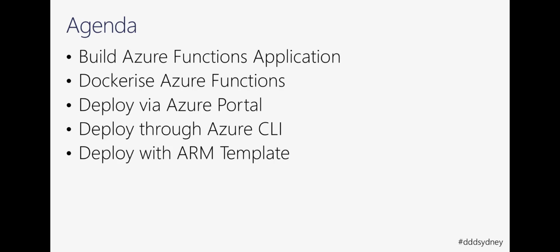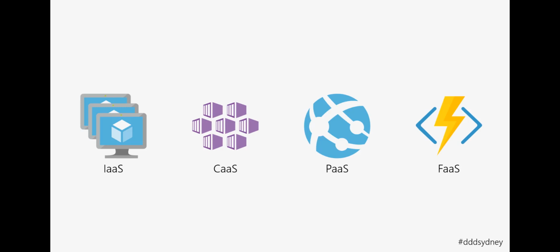From this point of view, I'm going to start by building the Azure Function code using C# on the Linux environment. Then I'm going to Dockerize that serverless Azure Function application into a container. Then with this container, I'm going to deploy it into Azure through the Azure Portal, then the Azure CLI, then the ARM template.